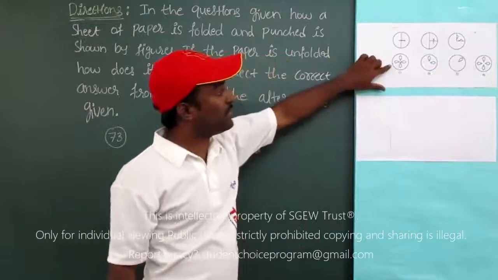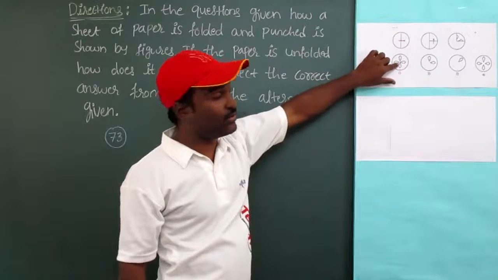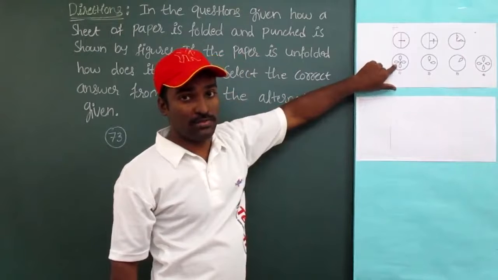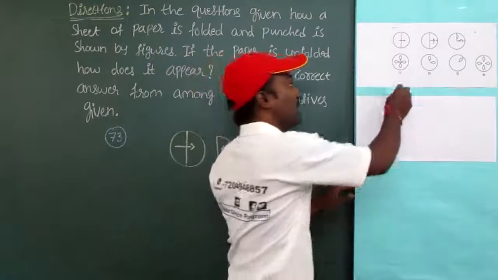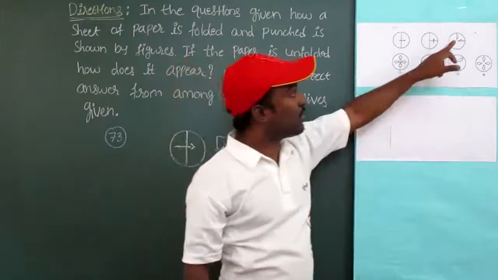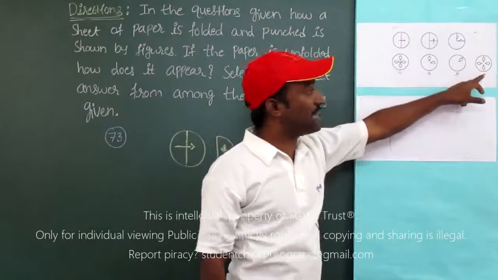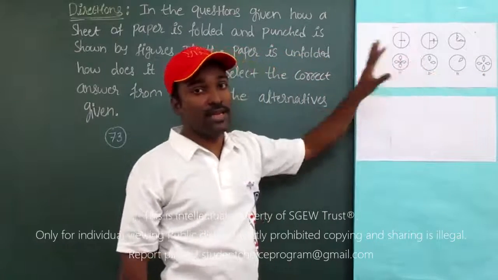The first option is wrong because the space between the holes is very little, which is not seen in the given figure. So we are left with only the last option, and the last option is the correct option.